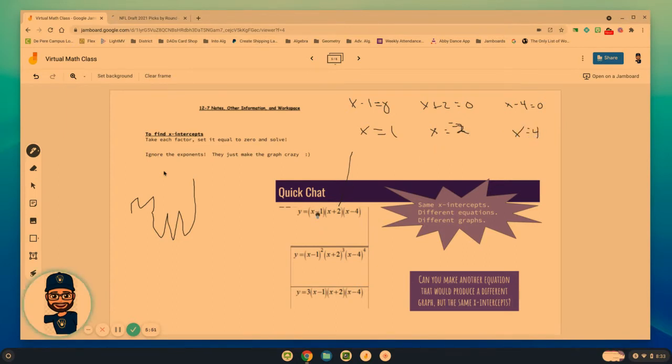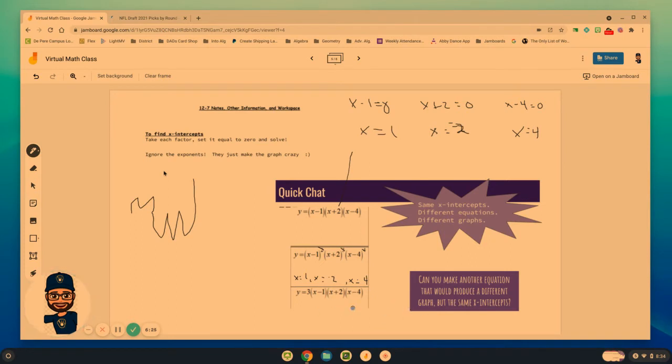I'm going to take each factor and set it equal to 0, just like we would with 2 factors on our warm-up. It just happens to have 3. If you look at the second one, x minus 1, x plus 2, x minus 4, we don't really need to pay attention to these exponents. We can just take the factor, set it equal to 0, and solve. x equals 1, x equals negative 2, and x equals 4.